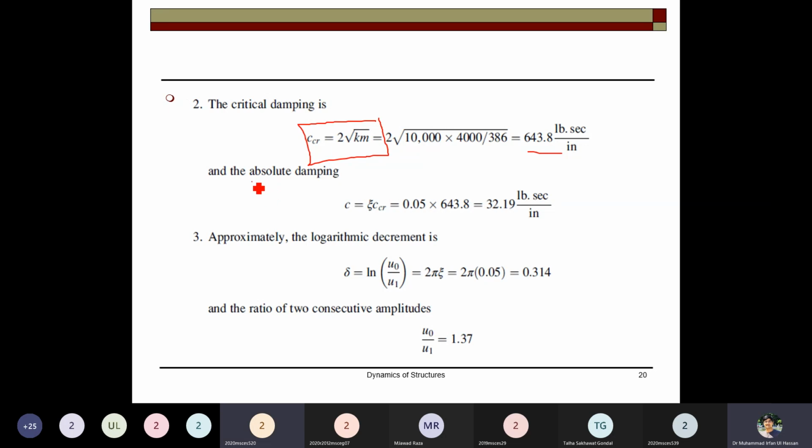The absolute damping is 5%, so it means 0.05 into C_cr. So C_cr is known, and if you multiply the zeta value with C_cr, you get the damping value. There is the damping coefficient, the critical damping, and zeta, which is the ratio of the two. Zeta is equal to C over C_cr. Where we got C_cr, from there we got C, because zeta was also given.